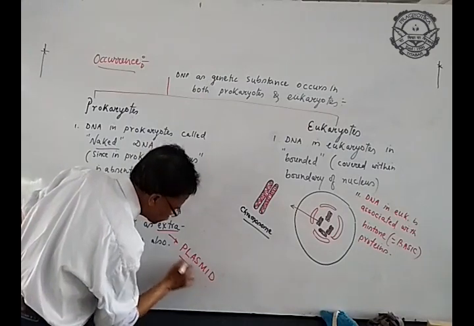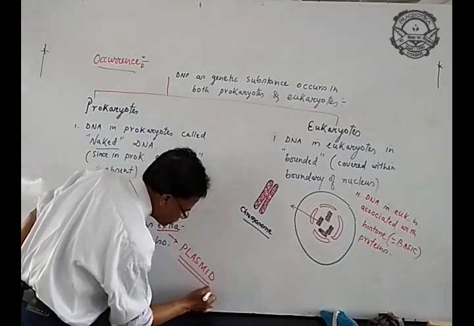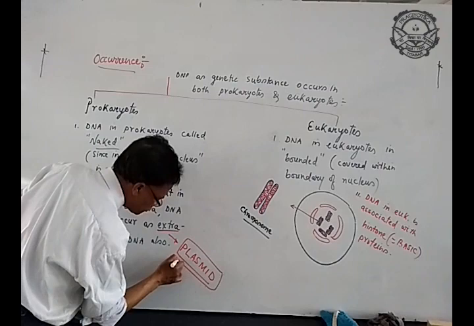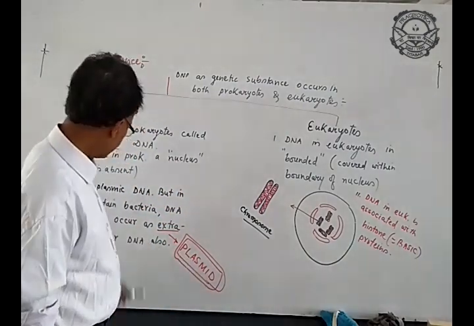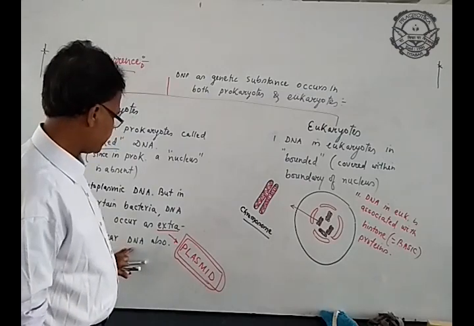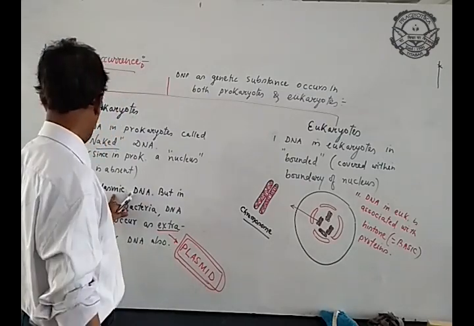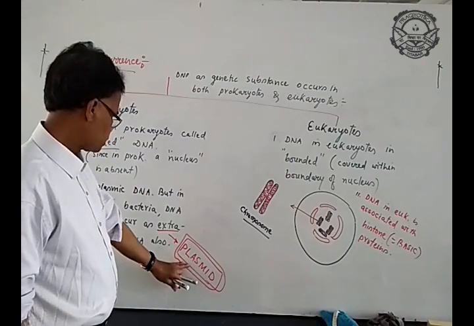In second year, this concept is very, very important for any competitive exams. Plasmids are extra chromosomal DNA present in certain bacteria, not in all bacteria. In certain bacteria, plasmids are formed.